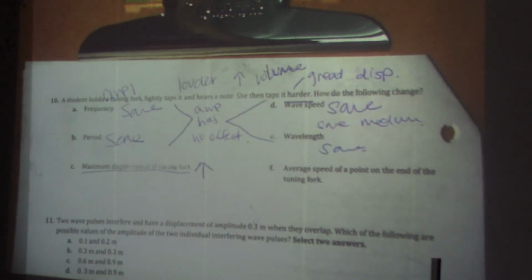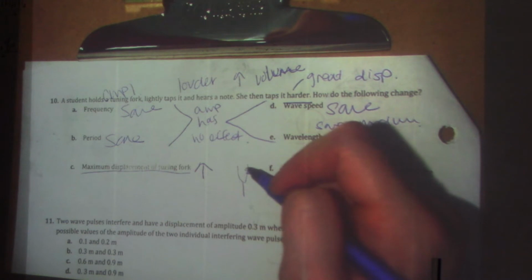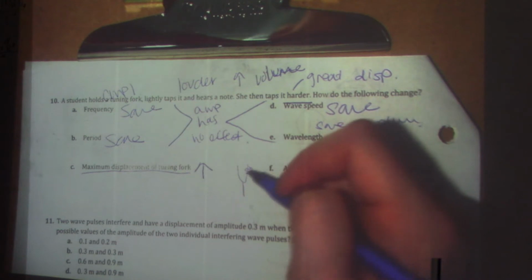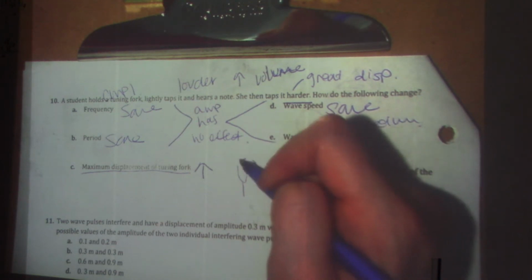Now the average speed of a point on the tuning fork. Well, if this is your tuning fork and at first it was going side to side, so not a good picture, a millimeter, 288 times a second, and now it's going 2 millimeters, like you hit it really, really hard.